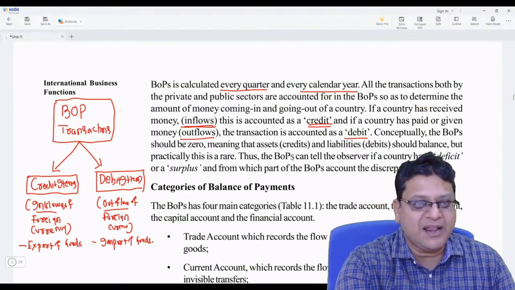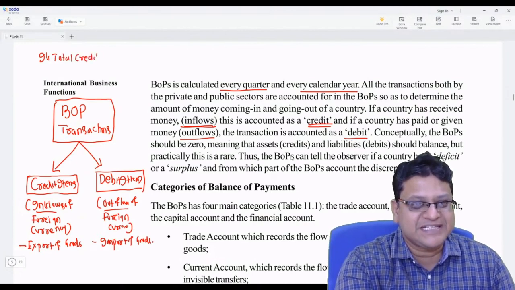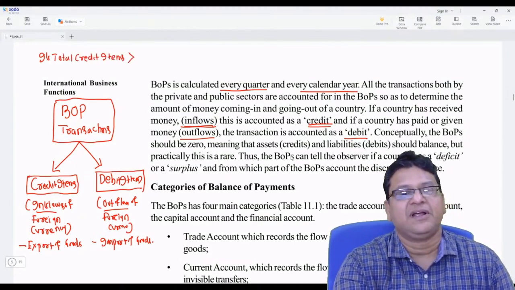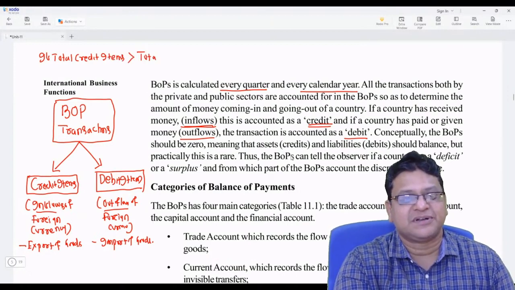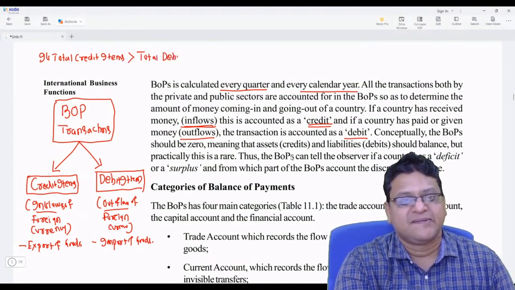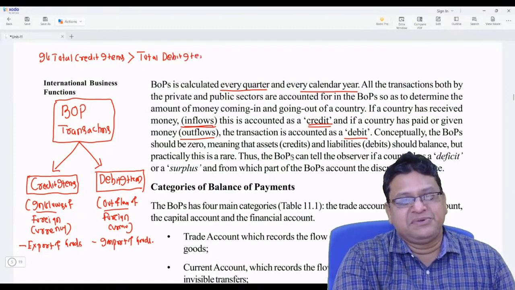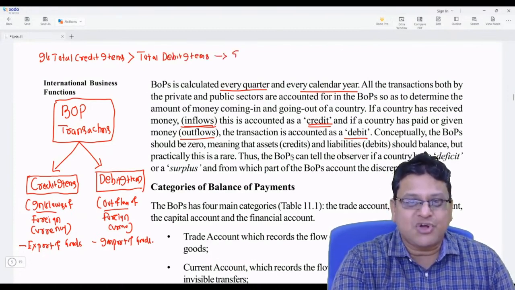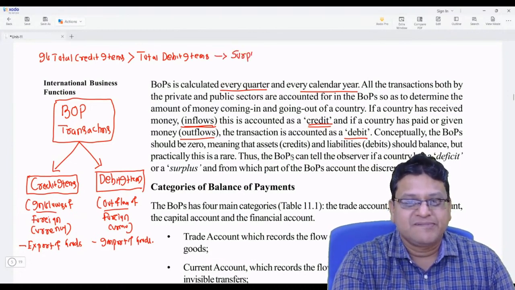If the total credit items exceed, are greater than, the total debit items during a particular period, it results in a surplus of BOP. What is BOP surplus?